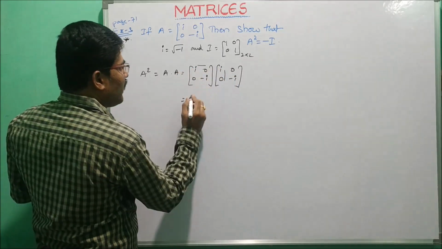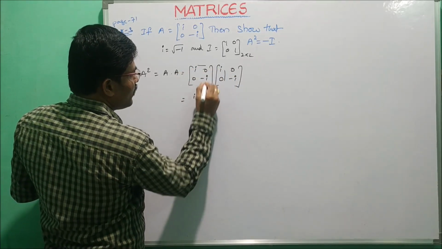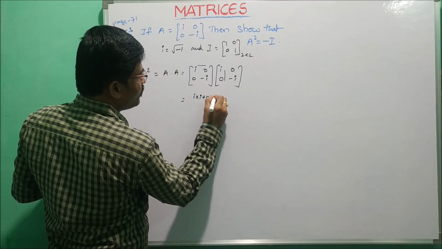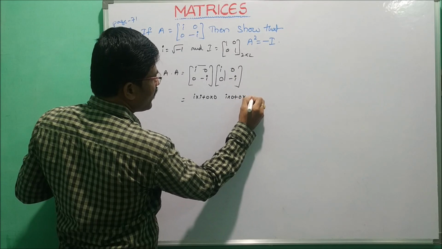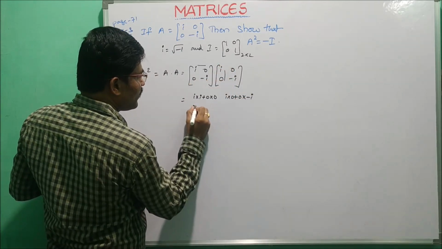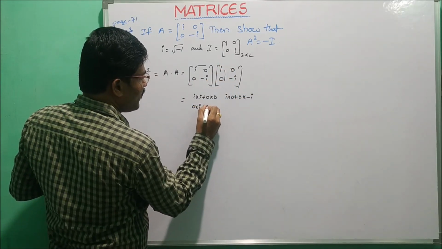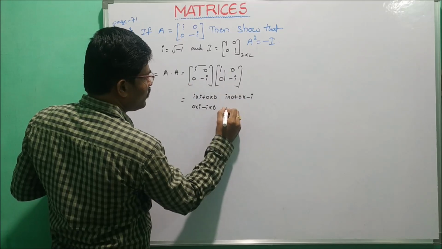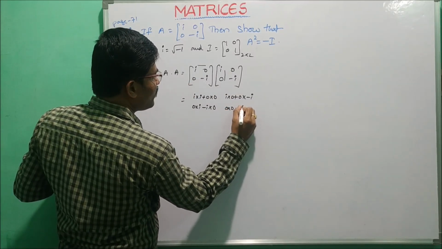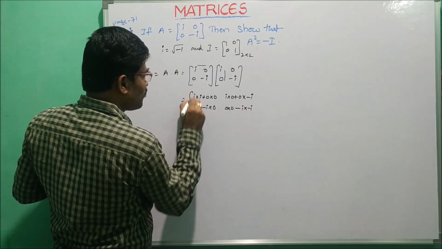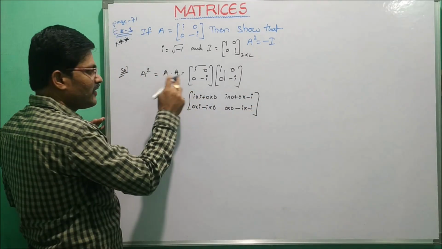So i into i plus 0 into 0, i into 0 plus 0 into minus i, 0 into i minus i into 0, 0 into 0 minus i into minus i. So this is our matrix A into A.